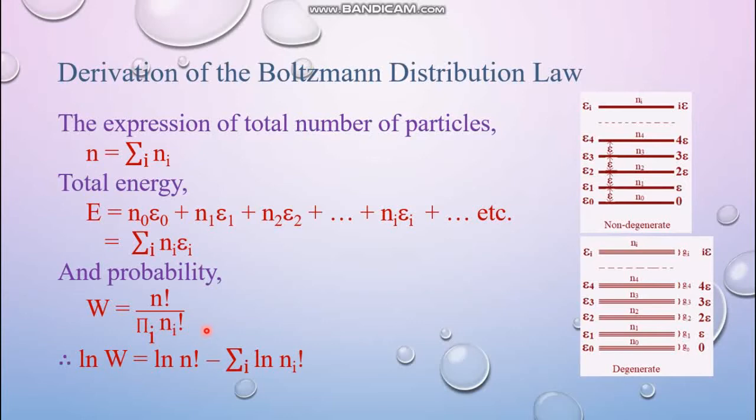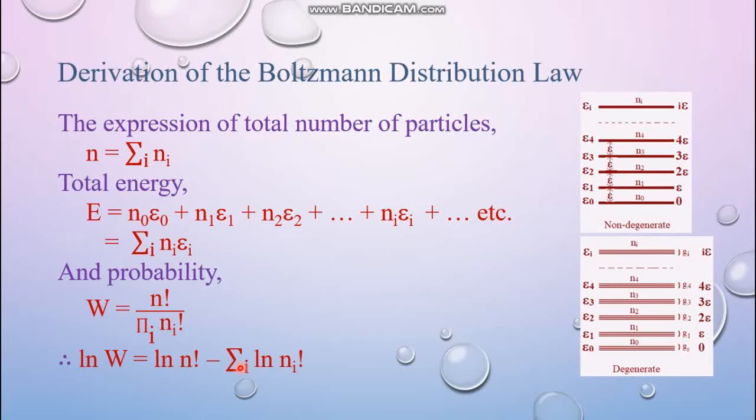So if natural log is taken on both sides, then on the left hand side we will have ln W, and on the right hand side it should be ln n factorial, and since this is a division sign, it would be converted into a negative sign, minus, and this product sign would be converted into a summation sign.